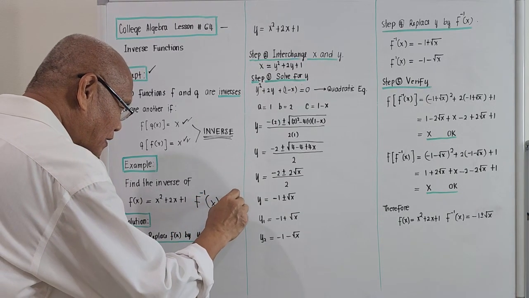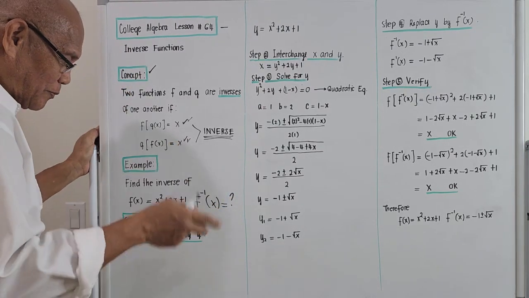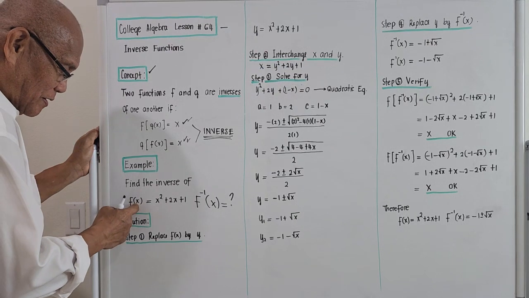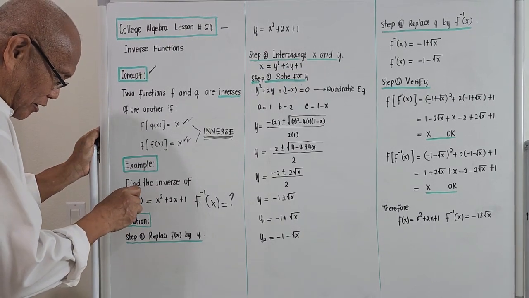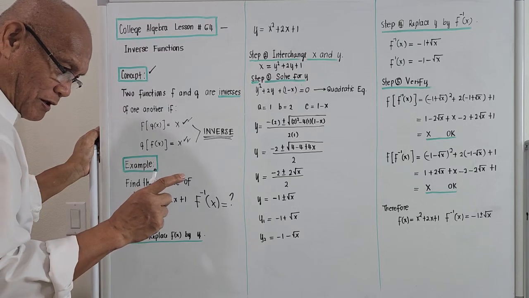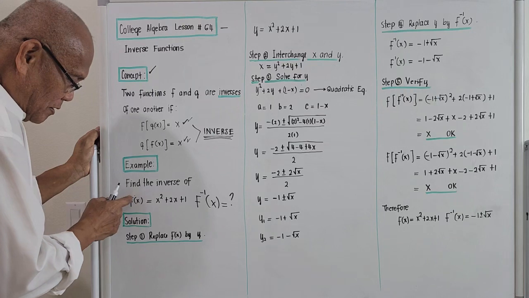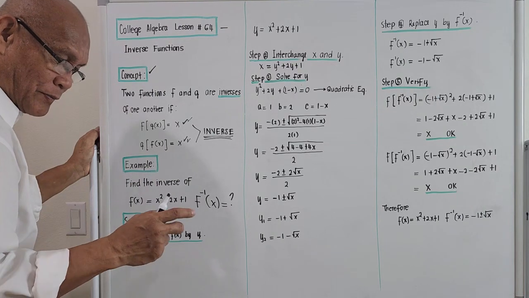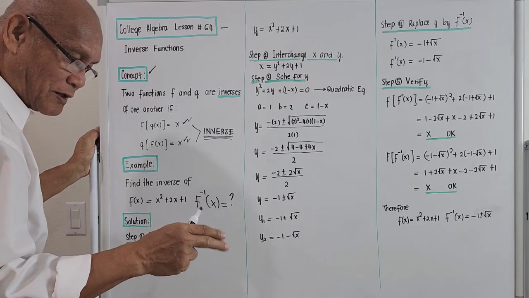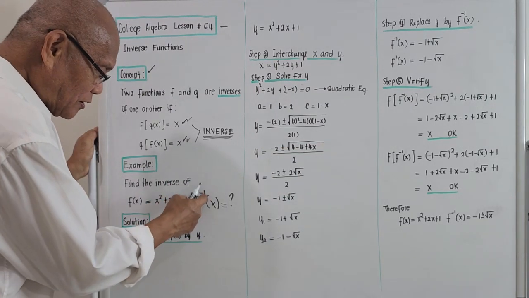We are solving for the inverse of this. This is actually to the power 1, but if the power is plus 1, we don't usually place it. For the inverse, for us to recognize that it is an inverse function, we place the exponent negative 1.